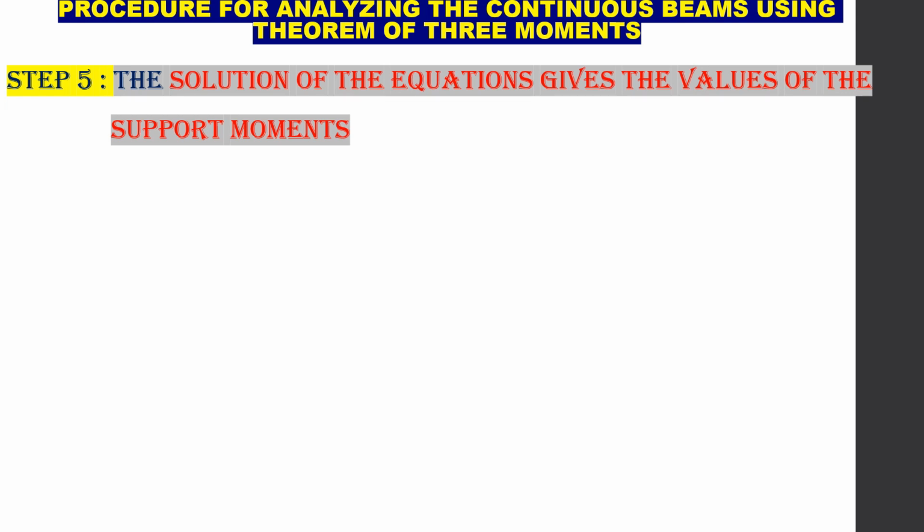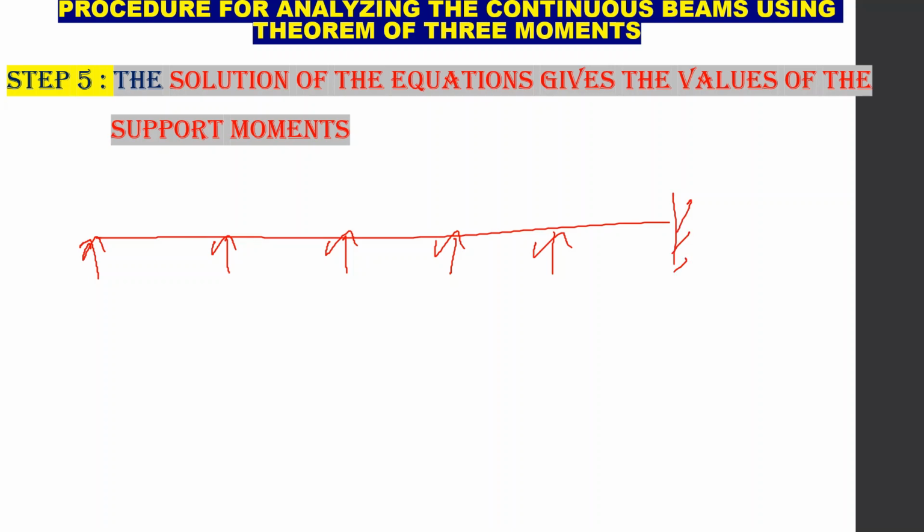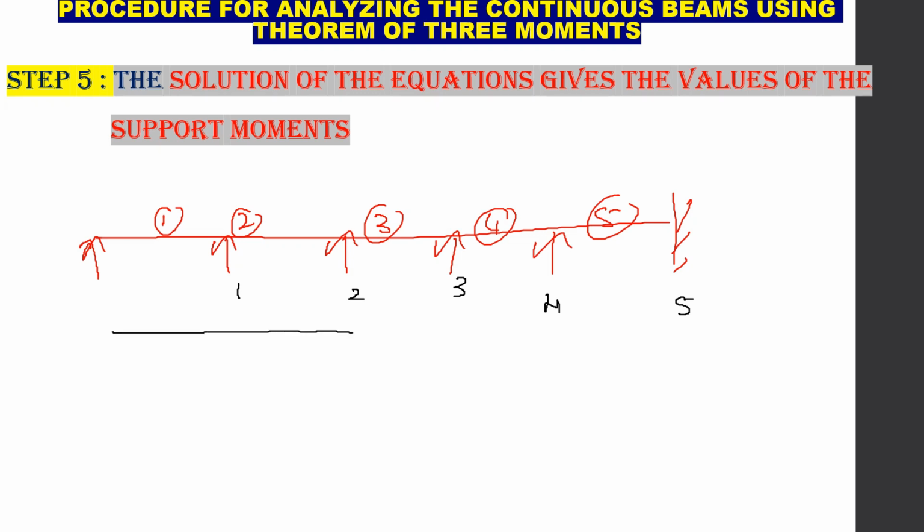See, if you have 1, 2, 3, 4, 5 spans here, and the unknowns are 1, 2, 3, 4, 5 unknowns, you have only 4 equations.